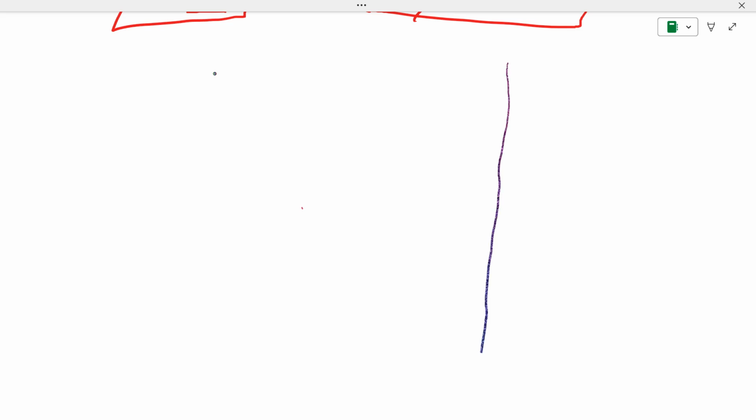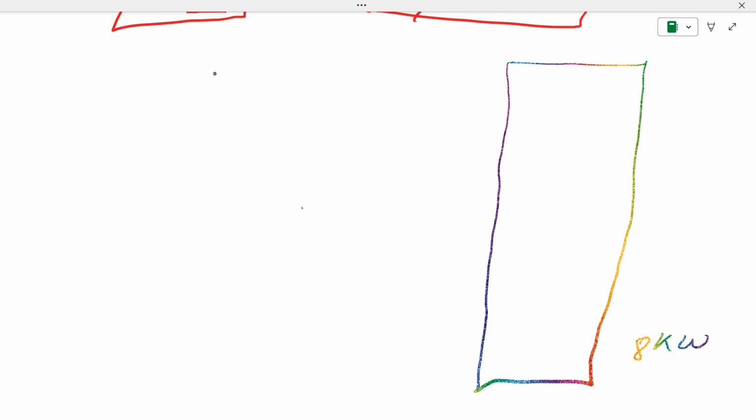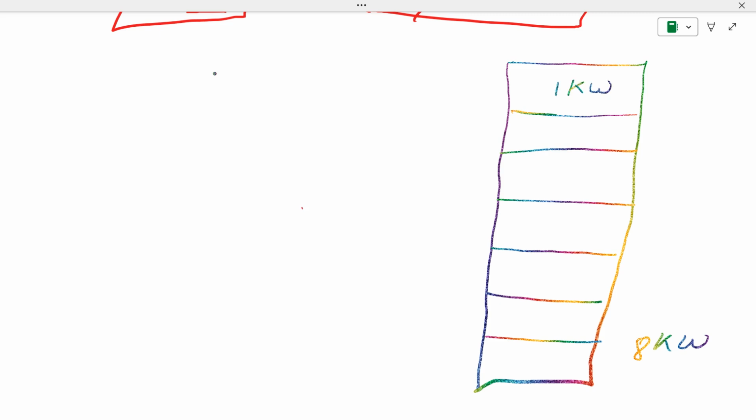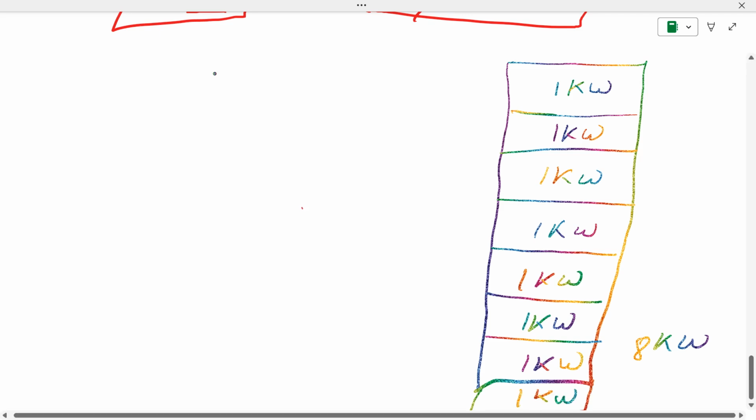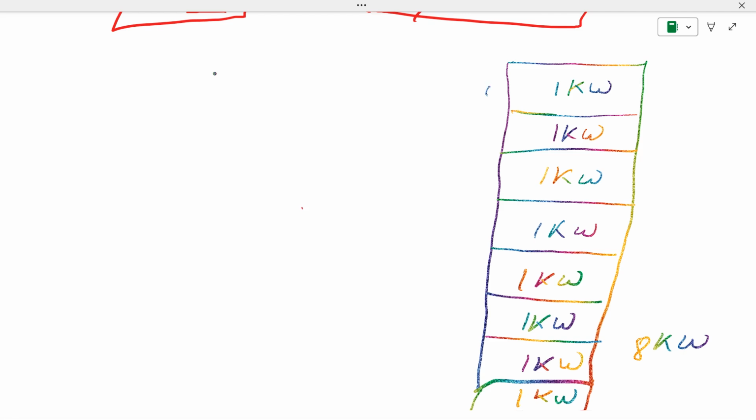So let's draw the logical address space. This is the logical address space and it is 8 kiloword, divided into altogether 8 rows. For this time, assume that one row consists of 1 kiloword occupancy, so it can accommodate 1 kiloword. The total number of rows will be 8: 0, 1, 2, 3, 4, 5, 6, 7.